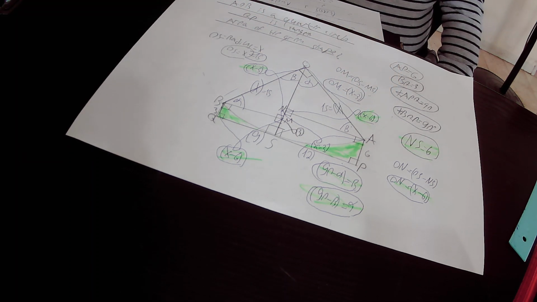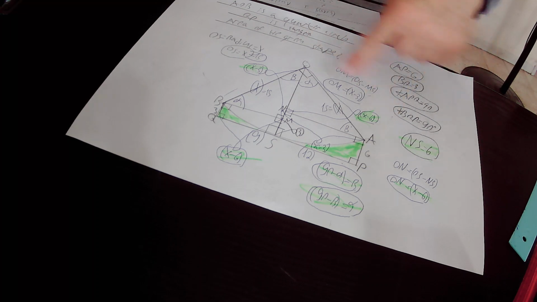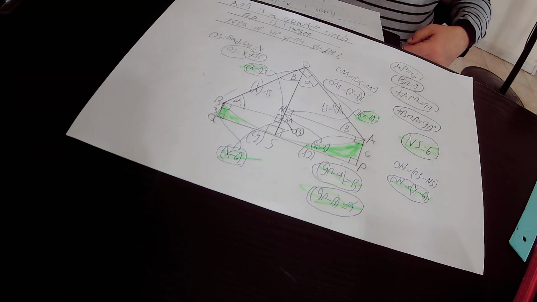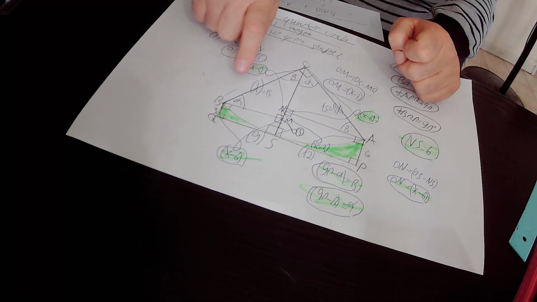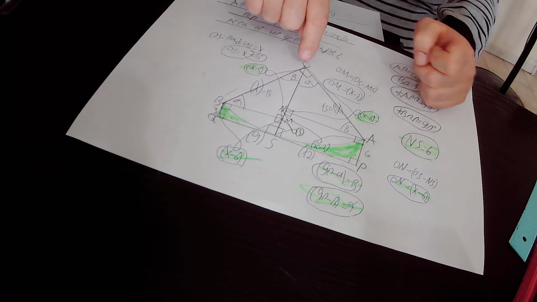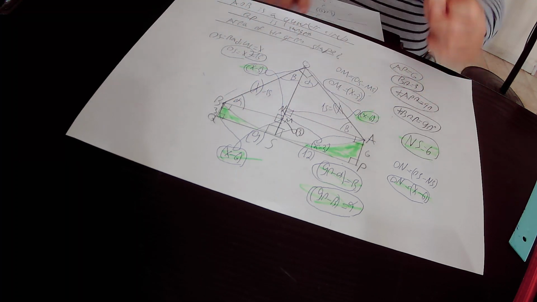And we have already found out that the area of this whole shape equals the sum of the areas of those two trapezoids: trapezoid OBQS plus the area of trapezoid OSPA.